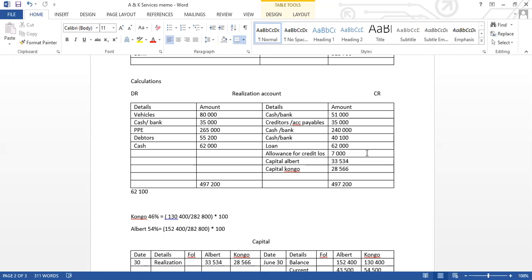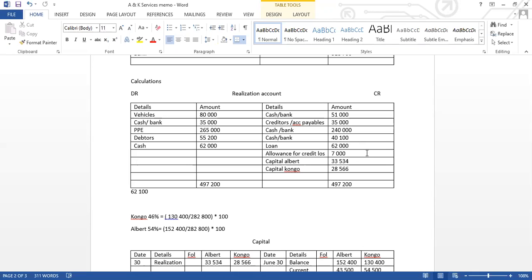Any other questions? We still have 6 minutes, guys. I just want to confirm the steps. So step 1, we close off the current accounts to the capital accounts by debiting the current and crediting the capital.